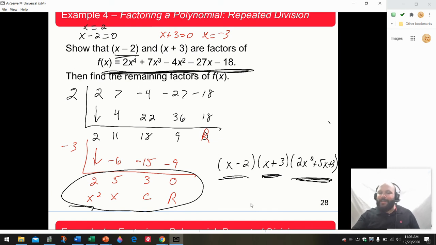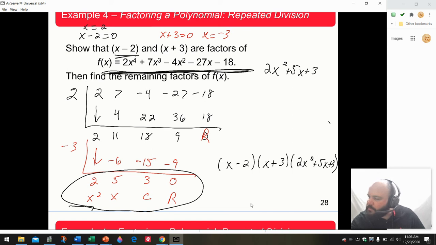Now, that quadratic can be broken down using more conventional methods that you have for factoring. In this case, we're going to use the ABC method to break that down. So I'm going to do that right up here. 2x squared plus 5x plus 3. 2 times 3 is 6. So the factors of 6 are 1 and 6, or 2 and 3. They need to add up to be 5. So we're obviously going to use 2 and 3.